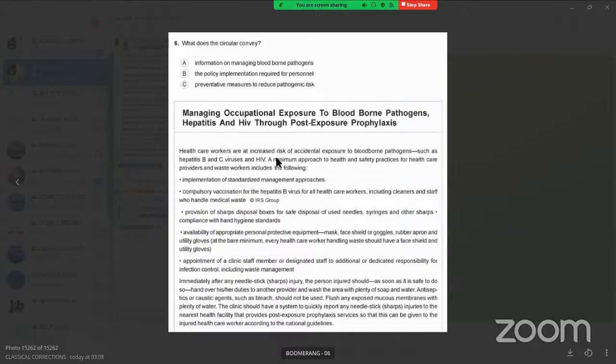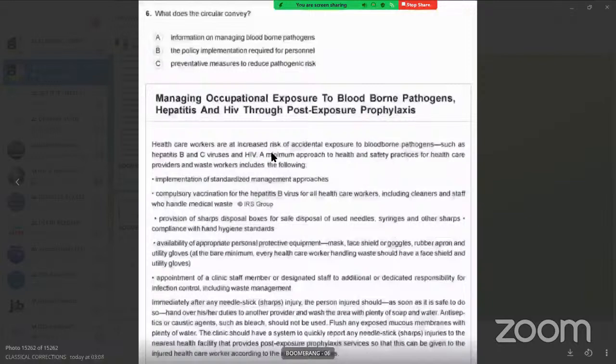These are all preventive, see? Sharps disposal, that is prevention. Vaccination is prevention. Personal protective equipment is prevention. Protection means prevention. That's it. The policy implementation is required for preventive measures to reduce pathogenic risk.